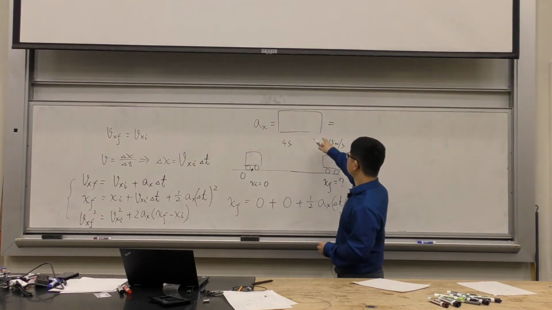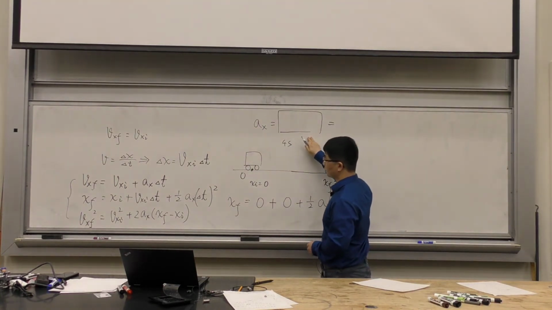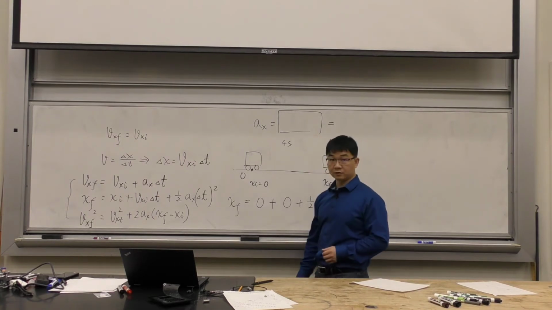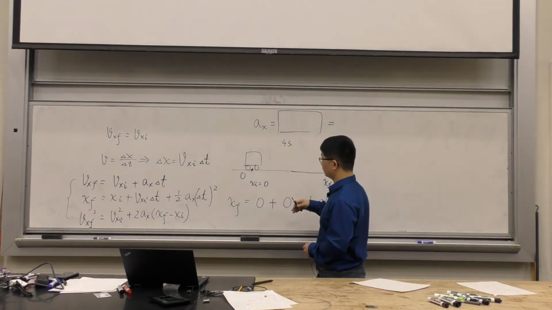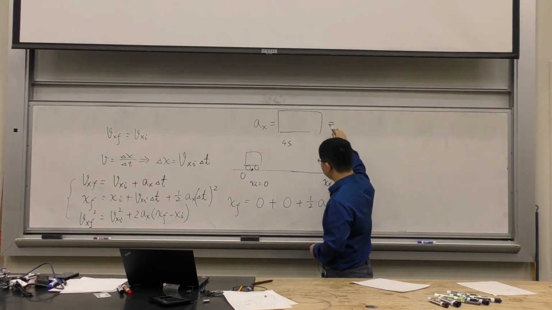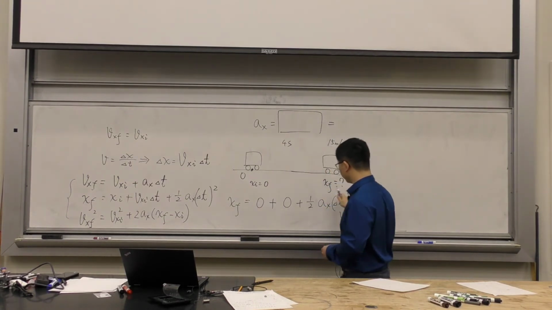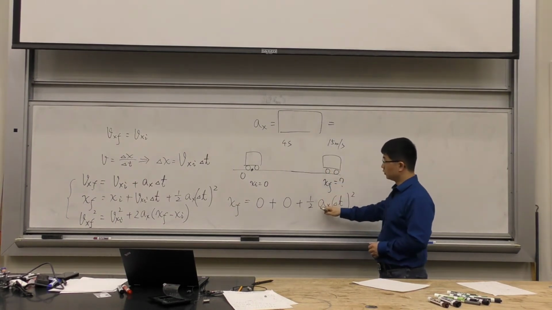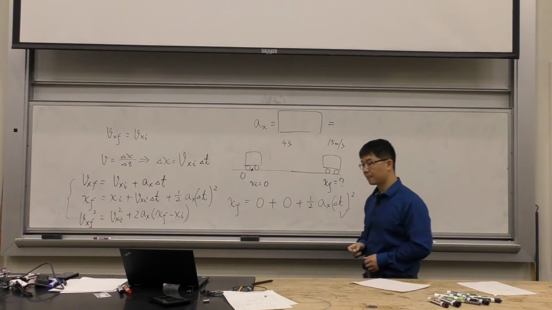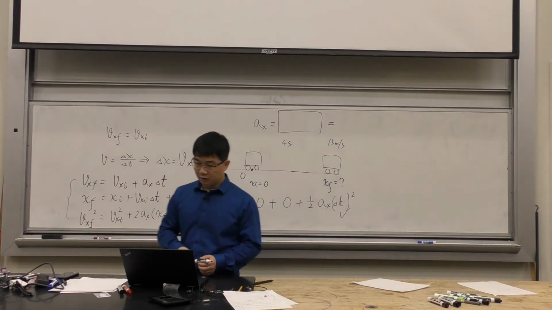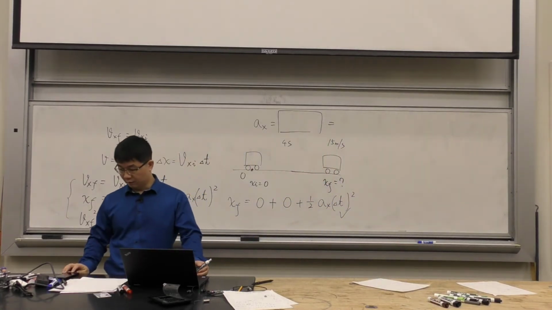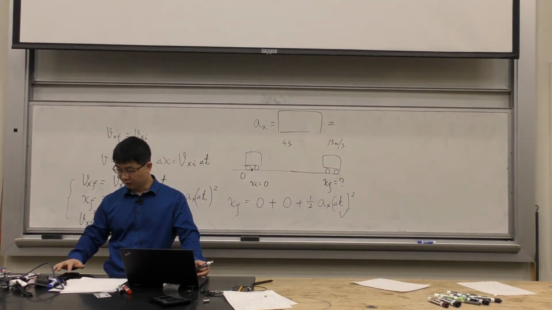So once I rearrange this equation, get an expression for a_x, I should be able to plug all the numbers in from the question and find the acceleration and then plug it into the second equation, okay? So that I can find the distance it travels, okay? So now you can pause the video and then find the answer, and then compare your answer with mine.